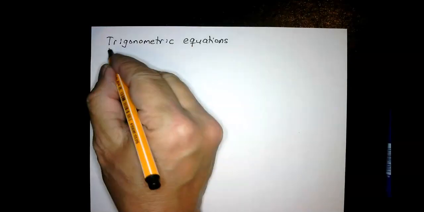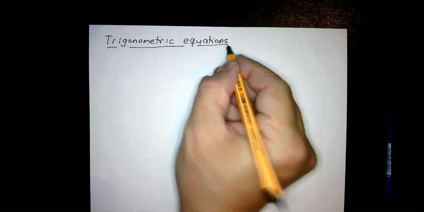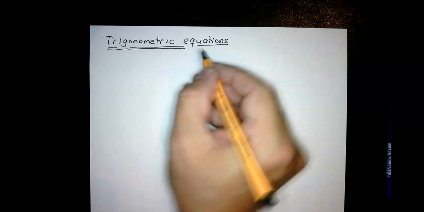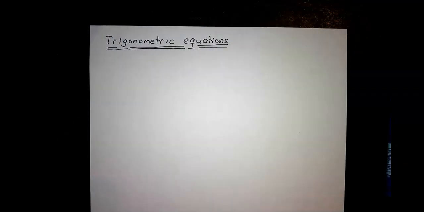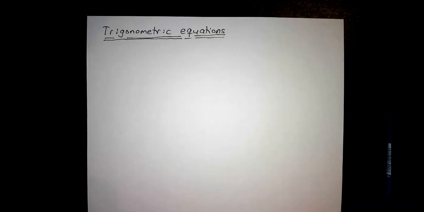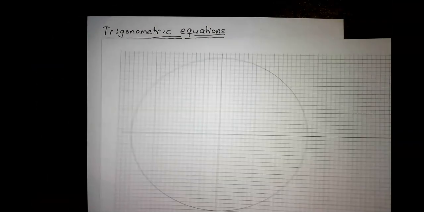And this means equations where there are unknowns inside of one of the most common trigonometric functions, sine or cosine or tangent. And before we can start solving that kind of equations, we need a concept of unit circle.